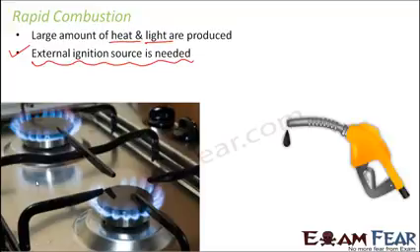Take the example of combustion of petrol or diesel. There also you need some external source, maybe again a burning matchstick. As soon as you bring it in the vicinity of petrol, it immediately catches fire. So that is rapid combustion. Heat is produced, light is produced, and the combustion process happens very, very fast.